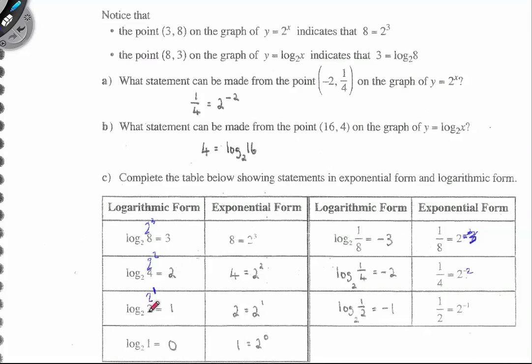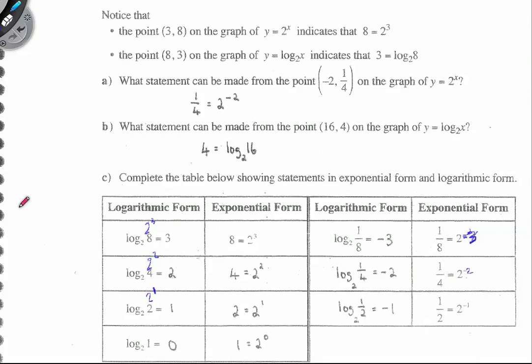If the exponent's 1, the value is 1. So this is giving us the exponent as the answer. If we move over here, this is really 2 to the negative 3, so negative 3 becomes the answer. This is 2 to the negative 2, so negative 2 becomes the answer, and so on.